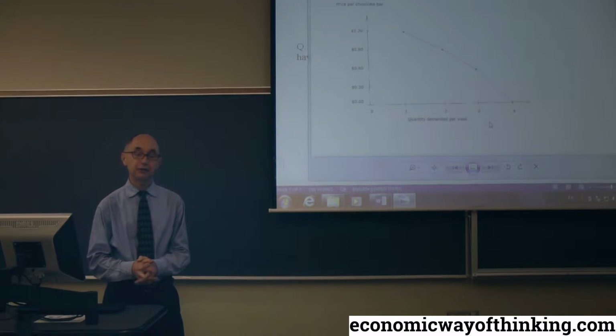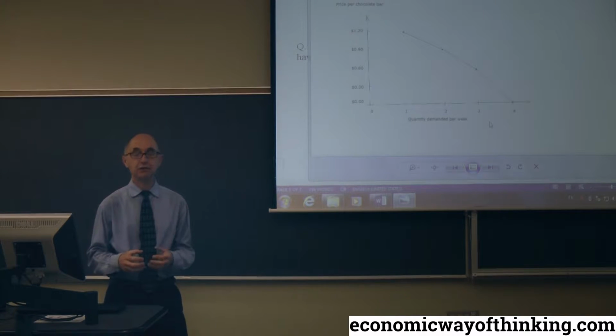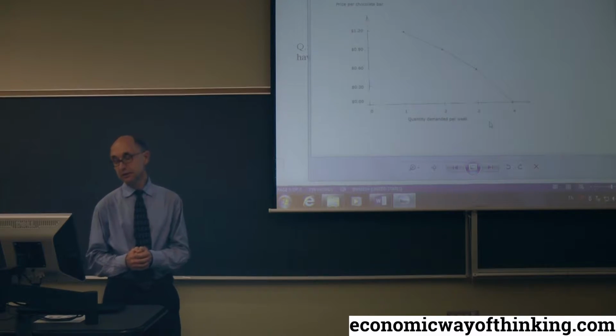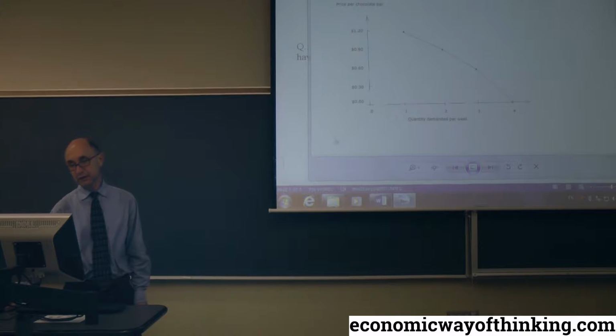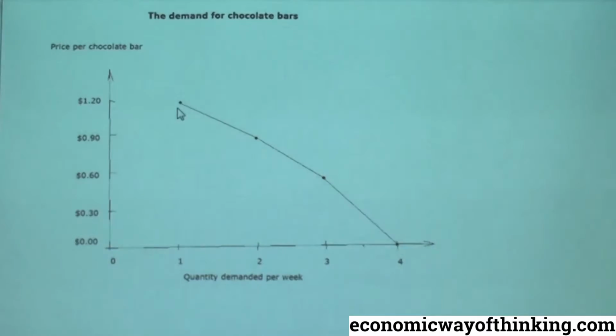So now we were looking at the nature, right, of the decisions that you make to get your schedule, right? How many bars you will be willing to buy at each price.